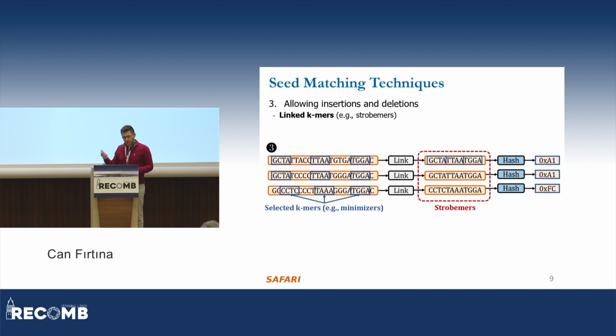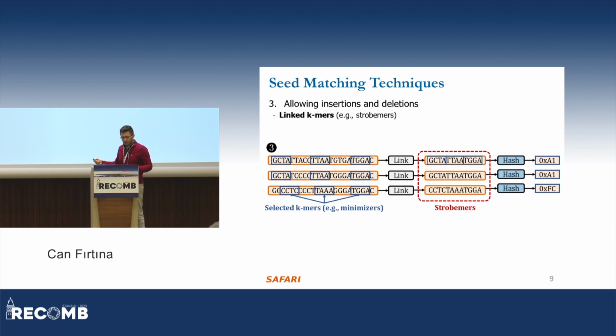The last method that I want to mention is that we may also allow some insertions and deletions between the sequences for which we want to identify similarities. For example, instead of hashing this entire long sequence, we can first select some k-mers between these sequences, for example minimizers, and then link them together, which we call strobemers, from the linked minimizers.